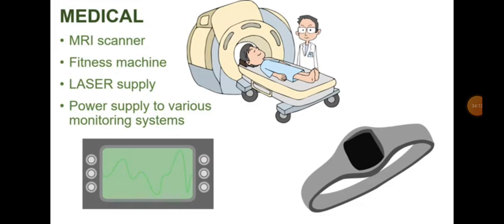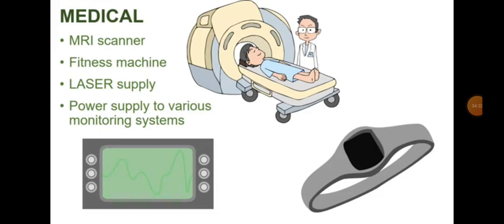In the medical industry also, power electronics has a wide range of applications such as MRI scanners. MRI scanners are used for scanning a patient's body with the help of a huge magnetic field.